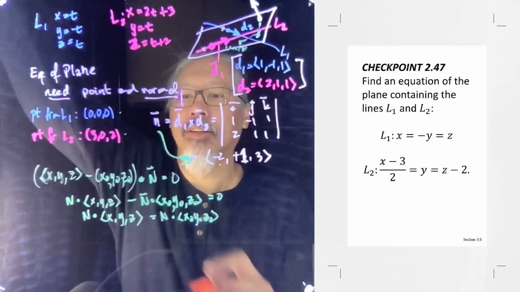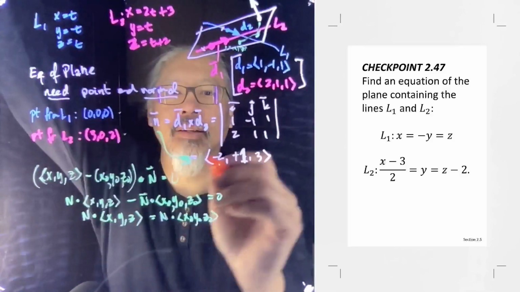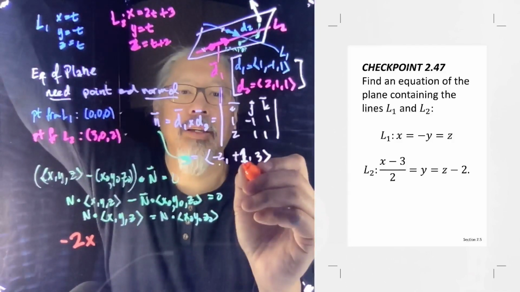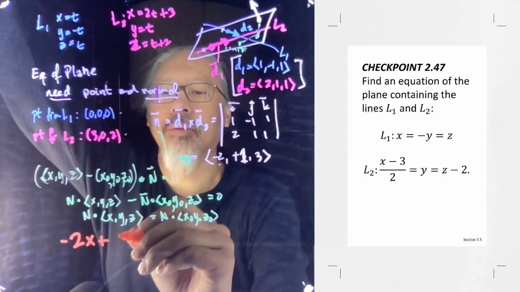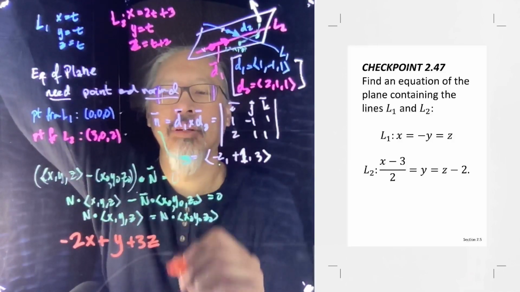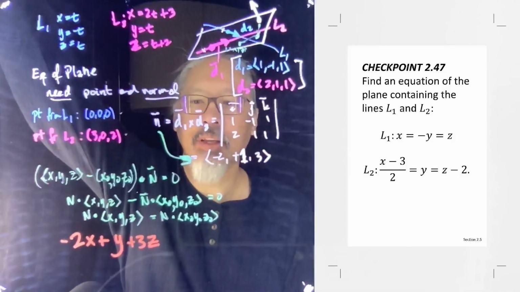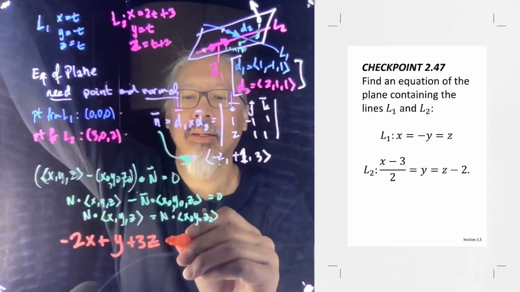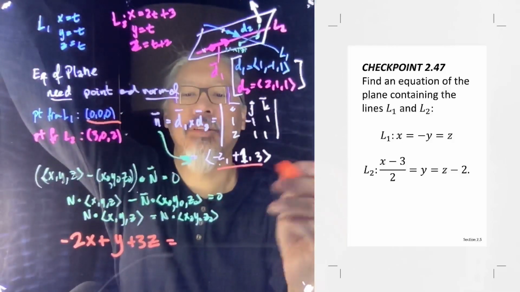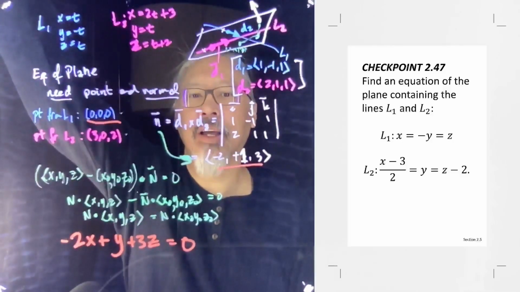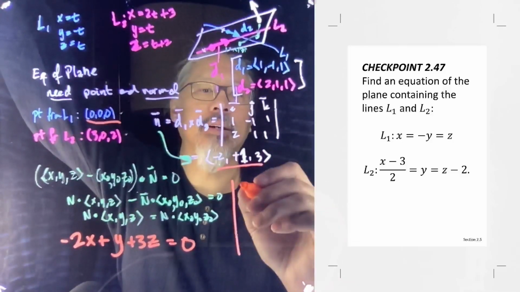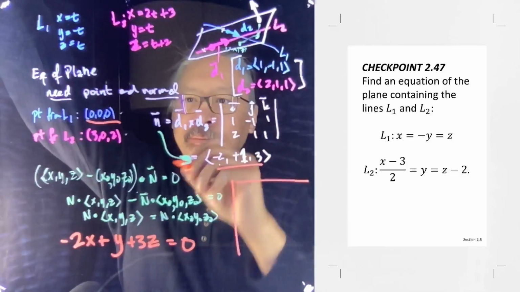And so let's try that. It'll be -2 times x plus 1 times y plus 3 times z. So that's the left-hand side. And then we dot this with one of these points, and one of them is 0, so I would love to use that. But if you decide you dot it with this, notice that you should get the same answer.